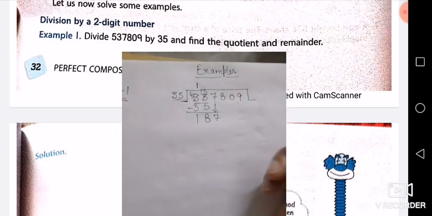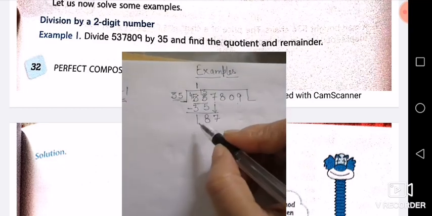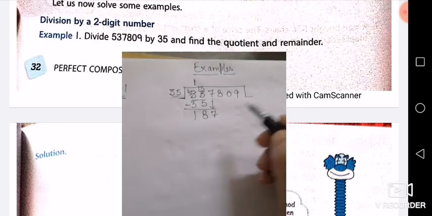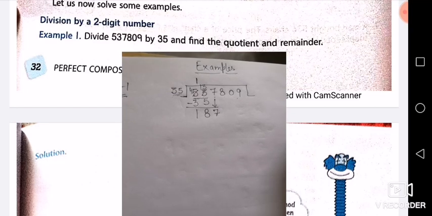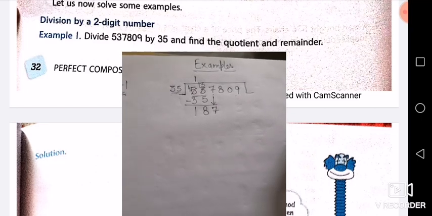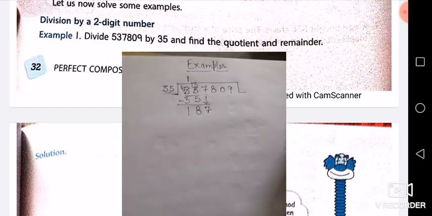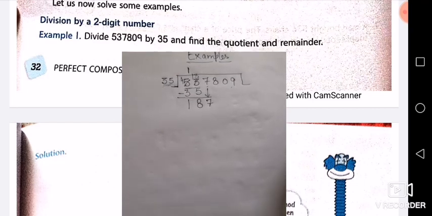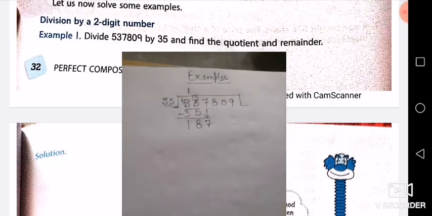Now 35. Now you have to see about which number it is going. It's better if you write a table, the multiplication or times of 35. So that will be easy for you all. See this.